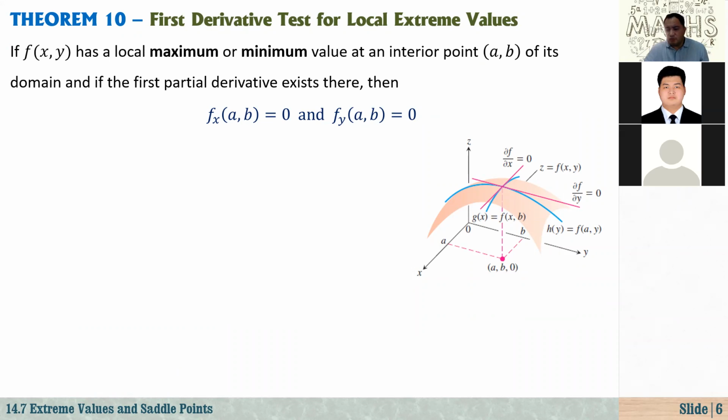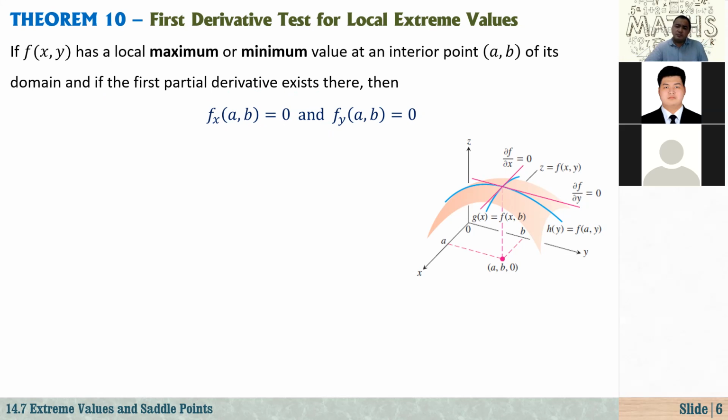But here we are talking about a function of two variables. So it says that if f of x, y has a local maximum or minimum value at an interior point (a, b) of its domain, and if the first partial derivatives exist there, then fx(a, b) is equal to 0 and fy(a, b) is equal to 0.